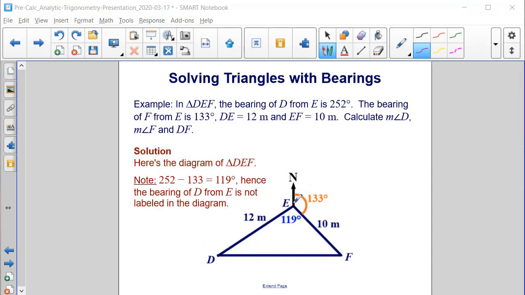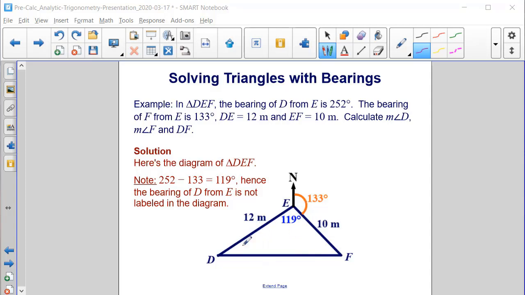We found that because the bearing of D from E was 252 degrees and the bearing of F from E was 133 degrees, the measurement of angle DEF is 119 degrees, and it's found by subtracting the two bearing values given to us. We also have labeled that DE is 12 meters and EF is 10 meters. And now we can try to calculate the measurement of angle D, the measurement of angle F, or the length of DF.